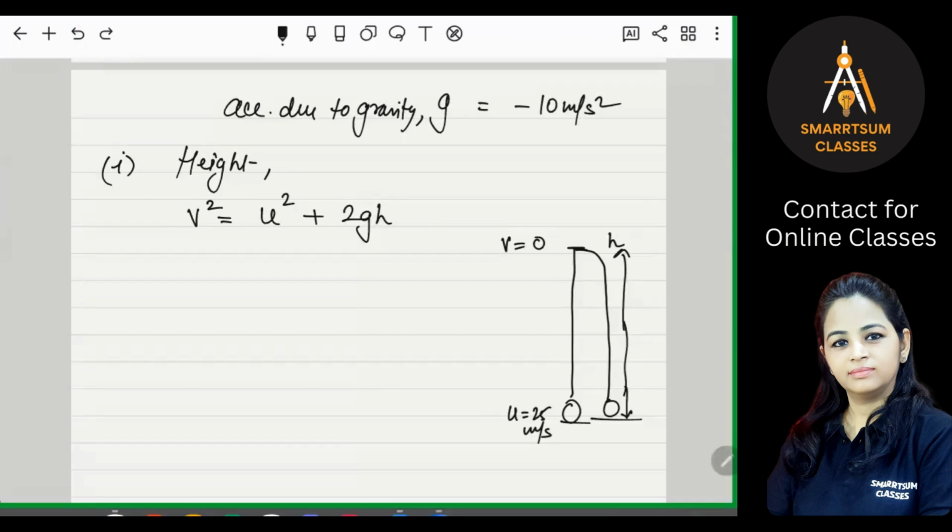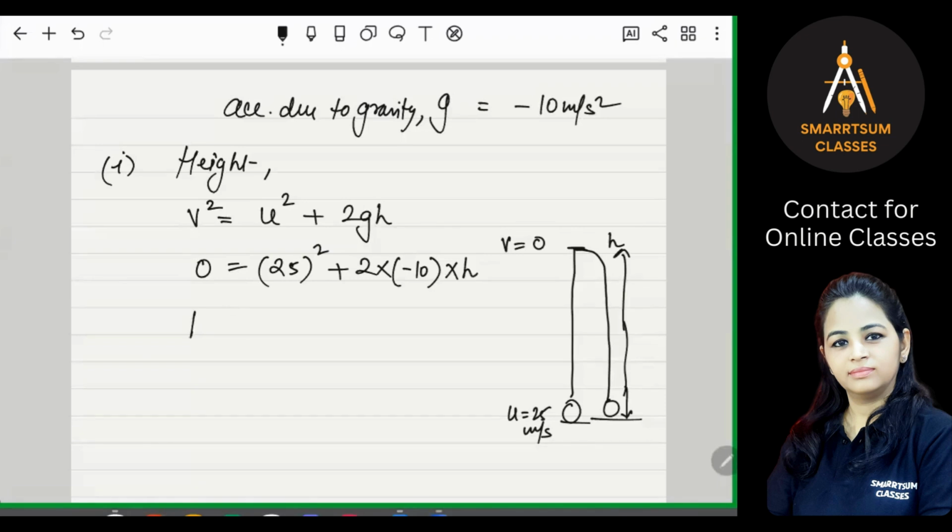Is that clear? So now put the values. V will be 0. U, what is the initial velocity? 25. So 25 square plus 2 into minus 10, because acceleration due to gravity will be taken as negative here, into h. H we have to find.